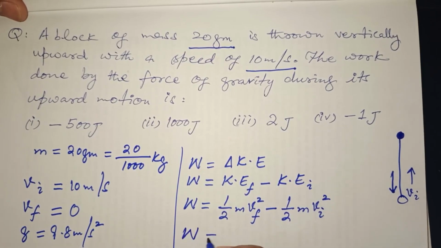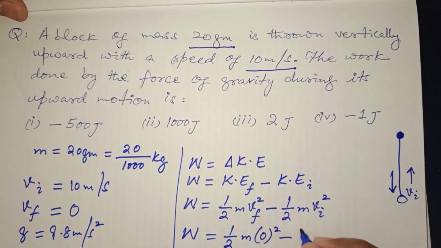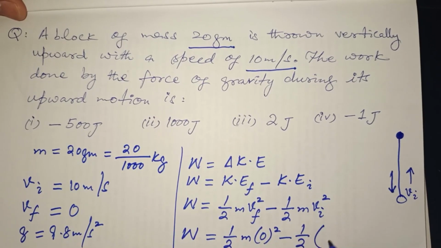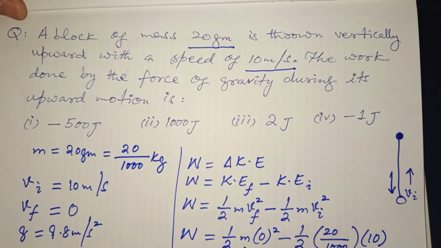So W equals to 1 upon 2 m, Vf is 0, this is half, m is 20 over 1000, this Vi is 10. You can notice one thing, here I have not written the value of m. Why? Because I know that Vf is 0, so there isn't any need to write down the value of m and waste your time, because it will come out as 0.